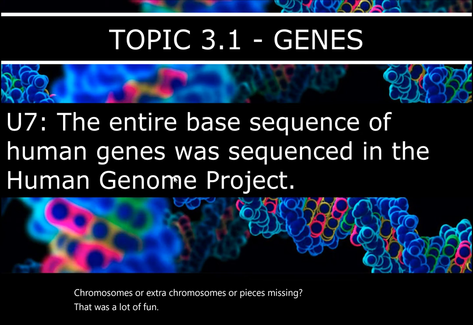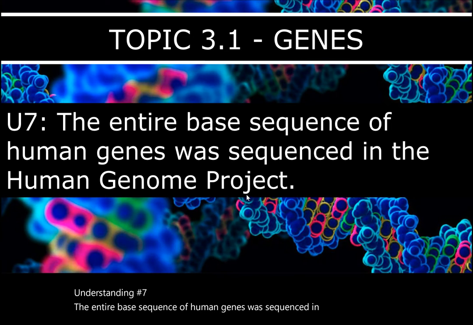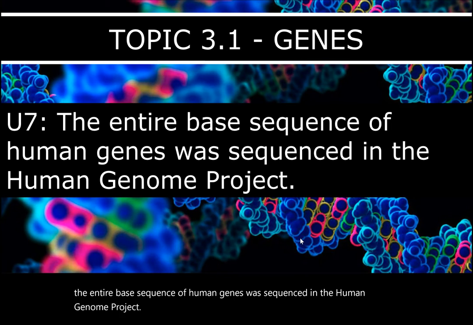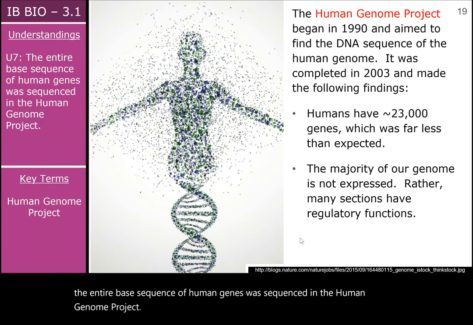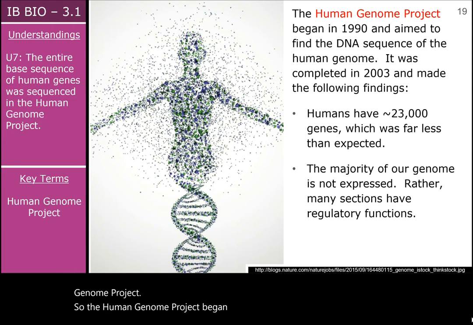Understanding number 7. The entire base sequence of human genes was sequenced in the Human Genome Project. So the Human Genome Project began in 1990, and it aimed to find the DNA sequence of the human genome.